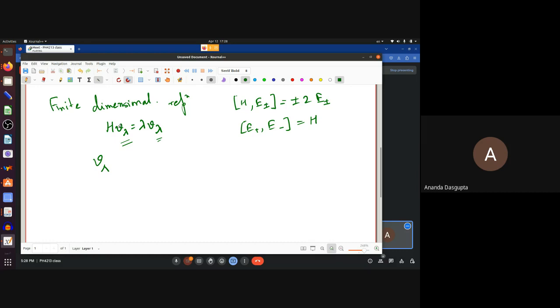Okay? But we do know that if it's a finite dimensional representation, then the eigenvalue has to stop being raised. So there has to be a state v lambda which L plus will cancel.